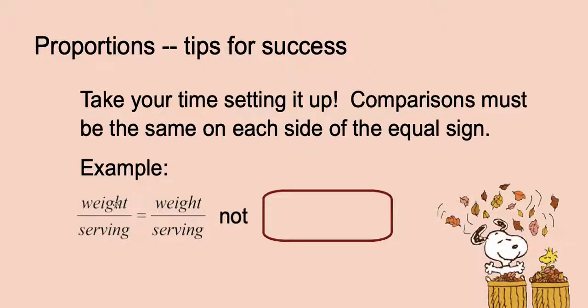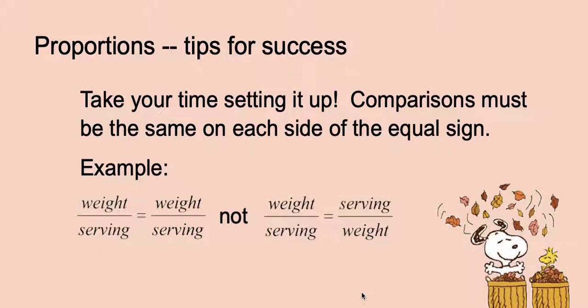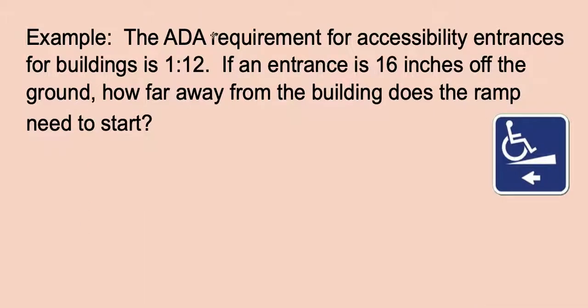So if you look at that, weight matches up with weight, serving matches up with serving. We don't want to do something like this: weight per serving equals serving per weight. We don't want to flip things around. Again, that changes our proportion.